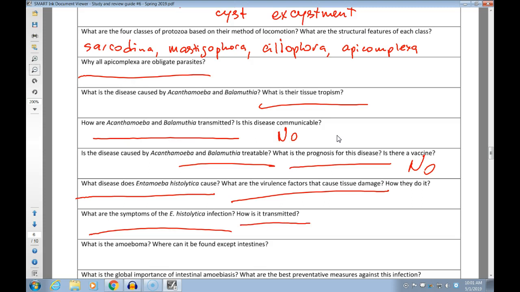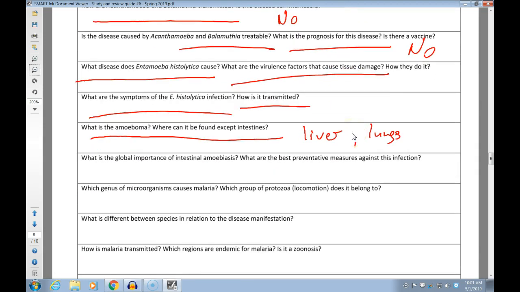Transmitted by the fecal-oral route. Amoeboma. You need to know 2 sites: liver, lungs. Amoeba infects tissue and forms kind of a granuloma. It's an important pathogen worldwide. Best preventative measure is sanitation.